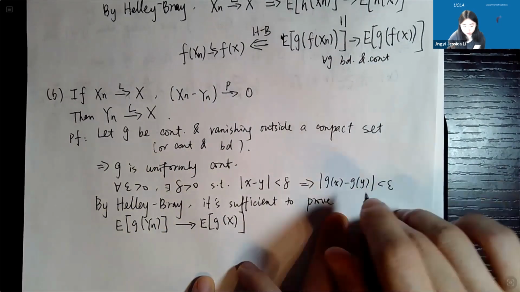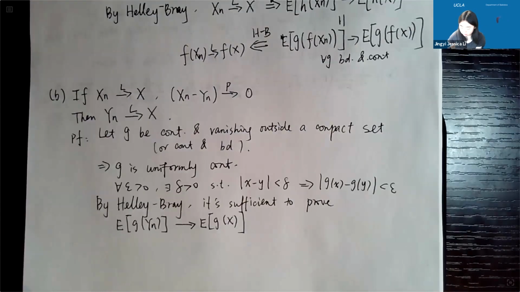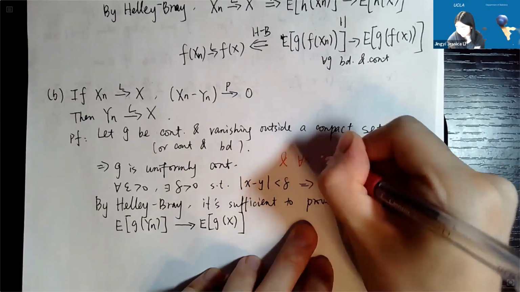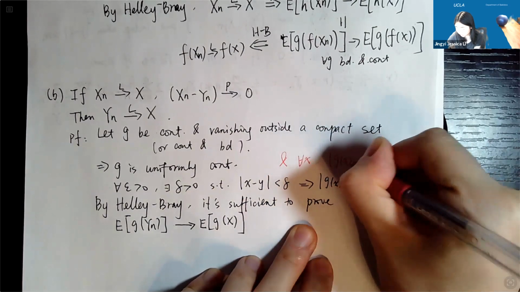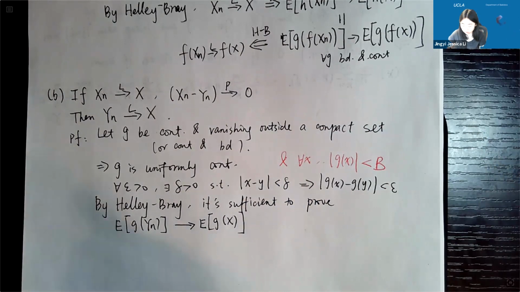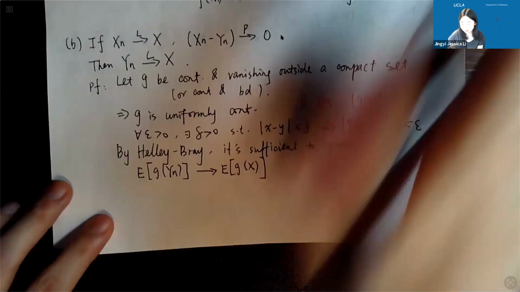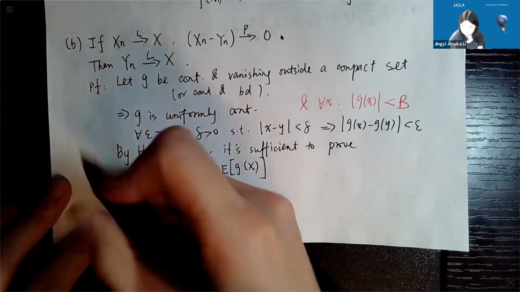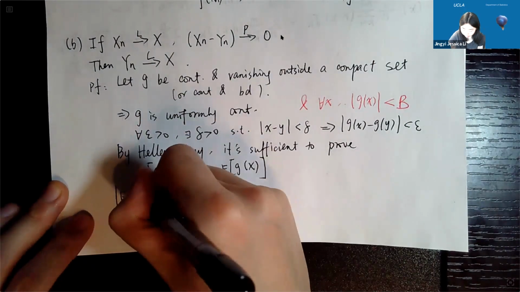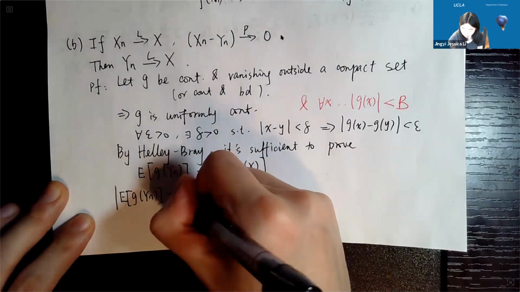So for any x, I can have the absolute value of g(x) less than B. To show that, our strategy is to calculate the absolute difference between this and this. So the absolute difference: the expectation of g(yn) minus the expectation of g(x).